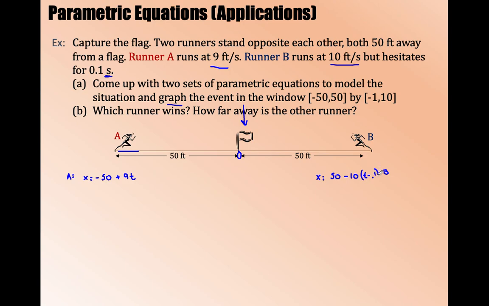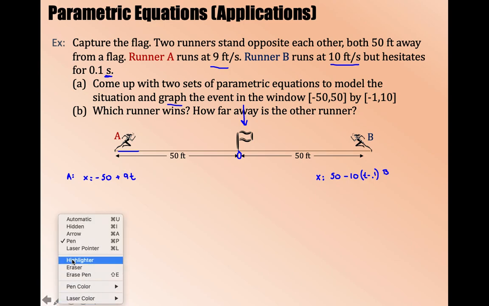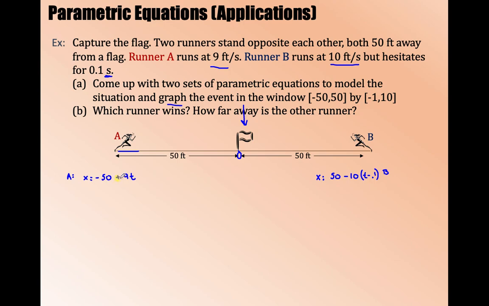So this speed or velocity, remember this is a velocity. Now they gave it to me as a speed, but I made this velocity positive to indicate going to the right, and this velocity I made negative to indicate running to the left.